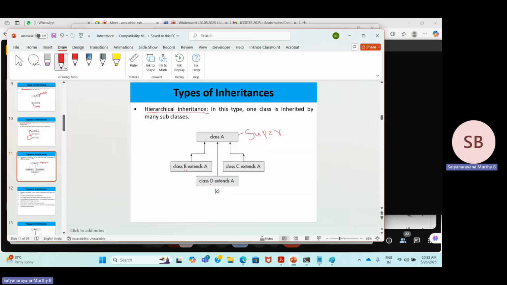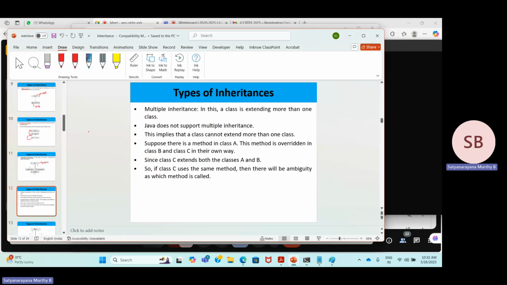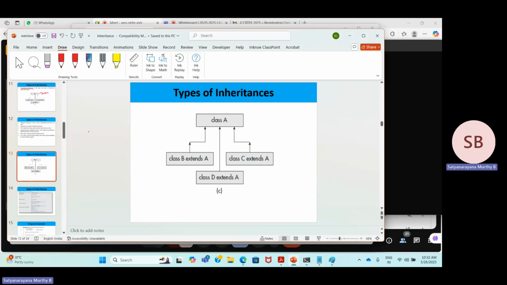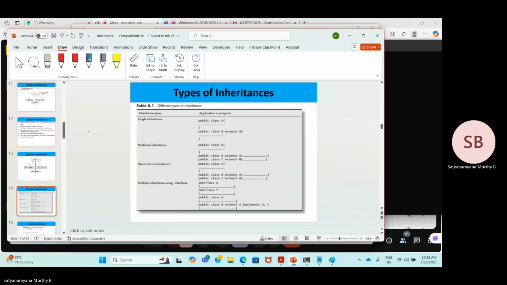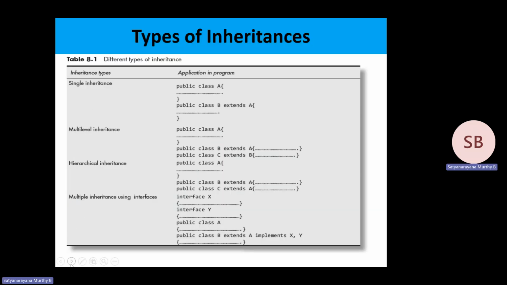So this is about the third form of inheritance, that is hierarchical inheritance. Okay. So next, these are the illustrations. This is the general form what we have seen.